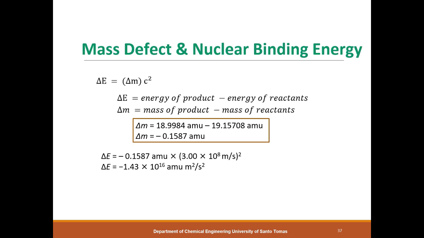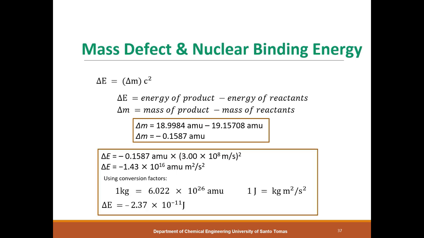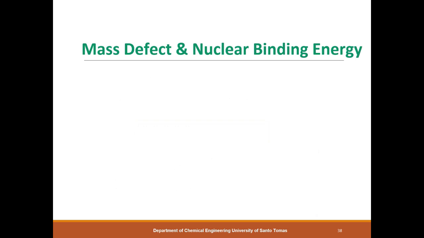Now, to express this in joules, we use the following conversion factors and obtain a negative 2.37 times 10 to the minus 11 joules of energy. This computed delta E is the amount of energy released when one fluorine-19 nucleus is formed from 9 protons and 10 neutrons. The nuclear binding energy of the nucleus is 2.37 times 10 to the minus 11 joules, which is the amount of energy needed to decompose the nucleus into separate protons and neutrons.